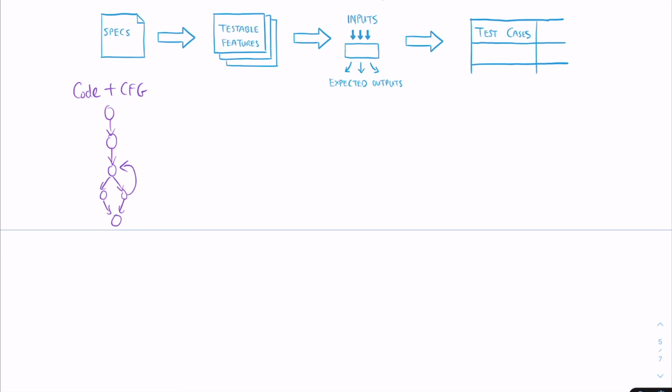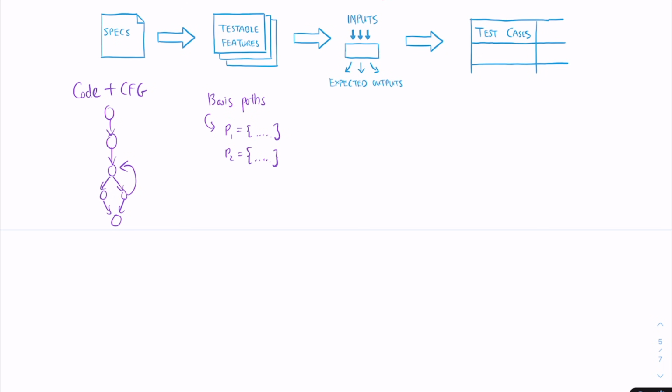The testable features that we are trying to extract are basically the basis paths, the paths that we will want to aim to go through. This is a set of nodes or links to represent the paths that we aim to go through.